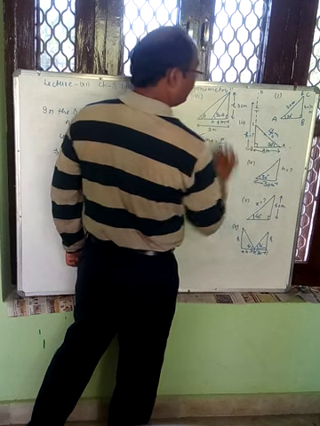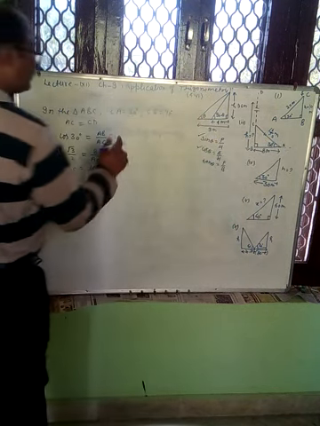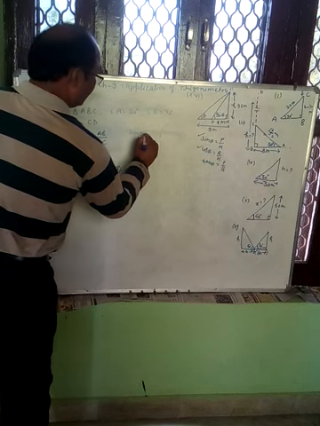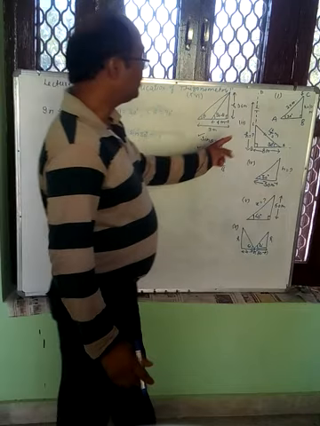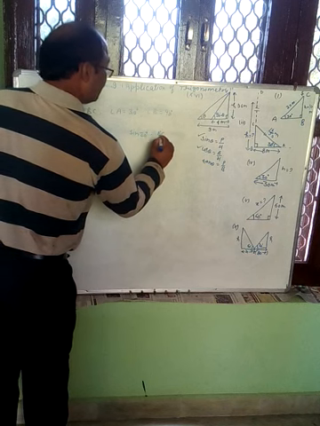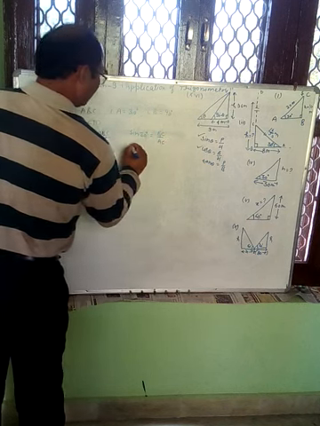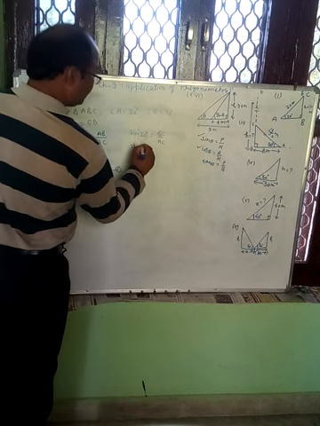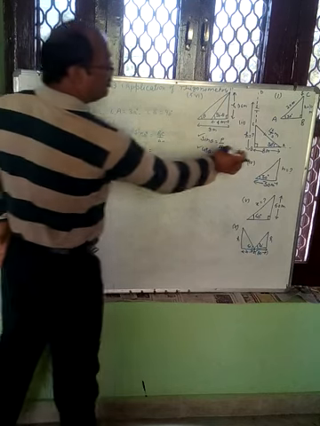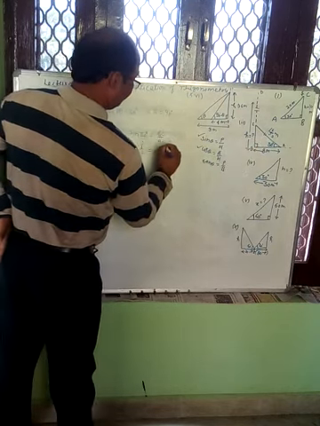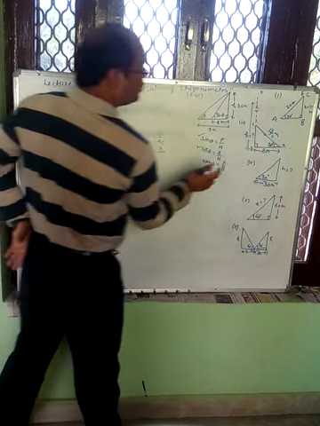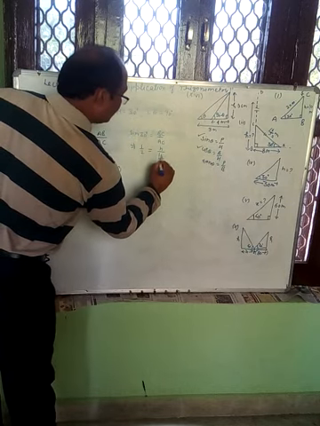Okay, this length we found. Now sine 30 degrees. Sine 30 degrees is perpendicular upon hypotenuse, that is BC upon AC. Therefore sine 30 is 1 by 2, equal to BC upon AC. BC is h, upon AC, which we already calculated as 16 upon root 3.